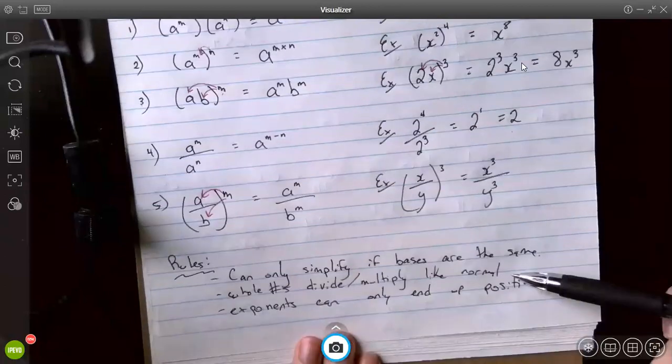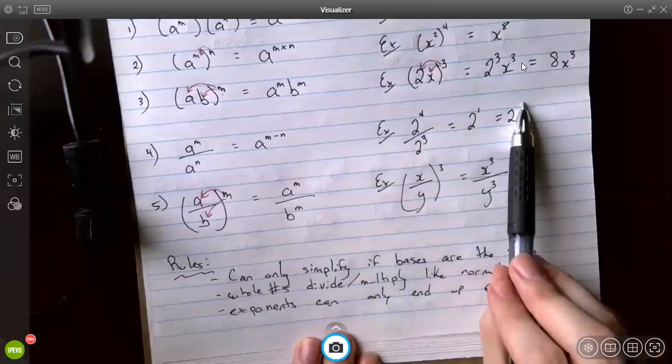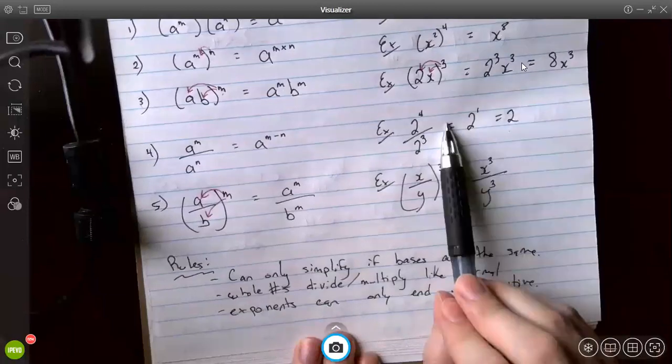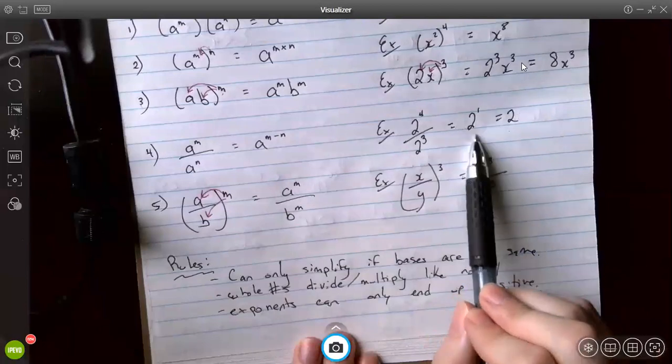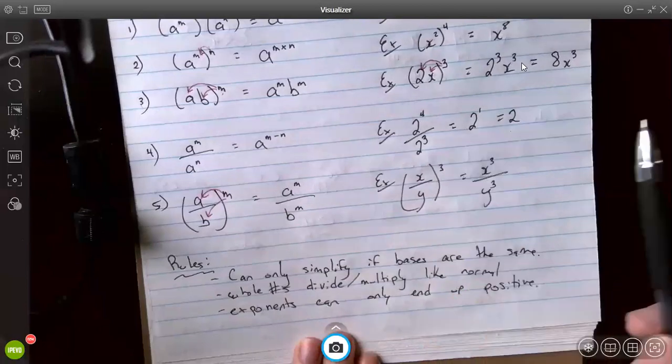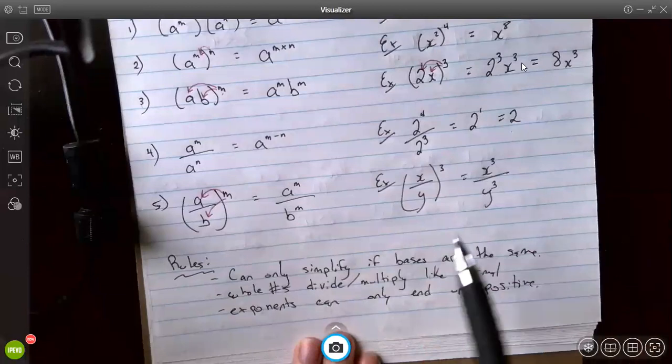So we can only simplify if bases are the same. Whole numbers will divide and multiply like normal. Okay. They will also solve like normal. So you can just plug the base and the exponent into the calculator to solve. And then lastly, and this is the part that'll be really different from last year, exponents can only end up positive.